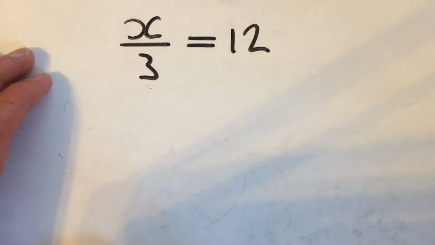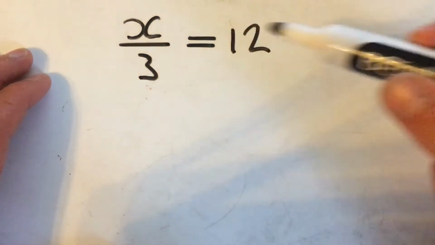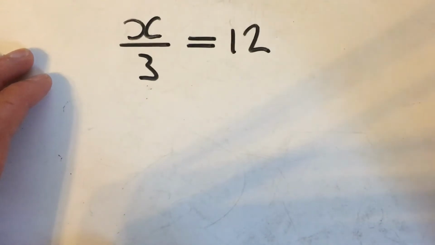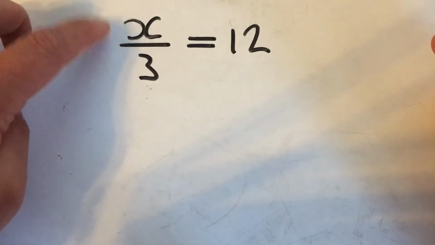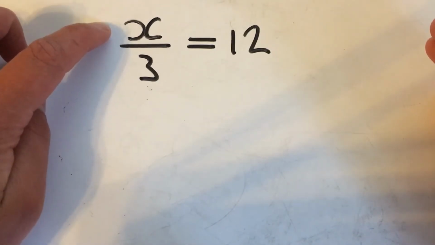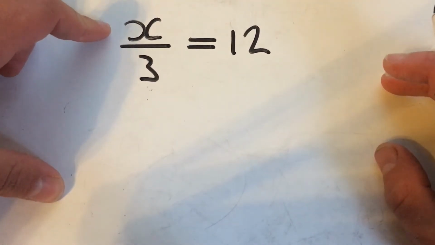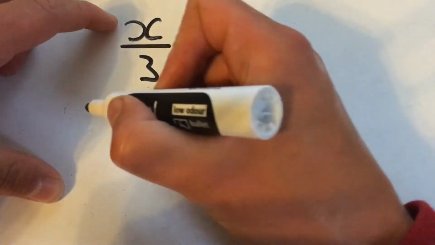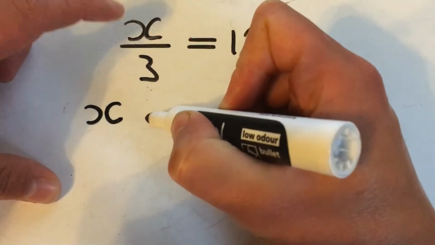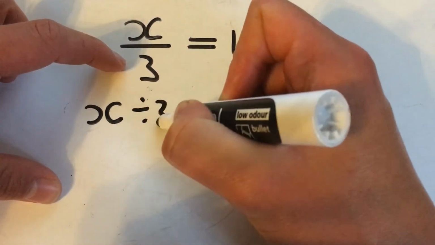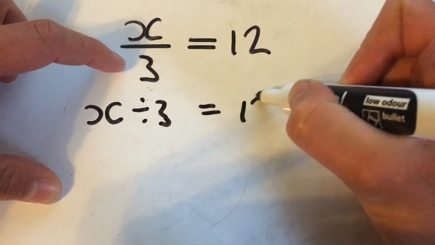We might think here initially that the answer is 4 because 12 divided by 3 equals 4. That is incorrect. X does not equal 4 in this equation. What we have here, if we read it correctly, is something which we've called x divided by 3 equals 12.